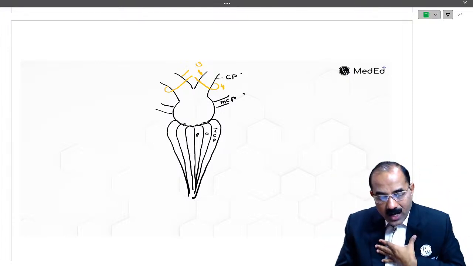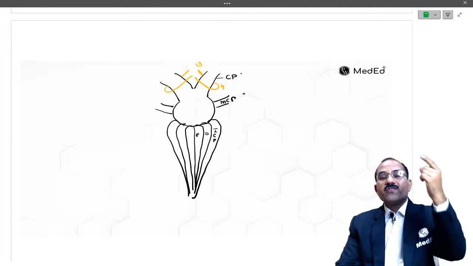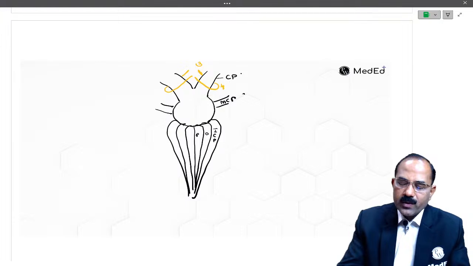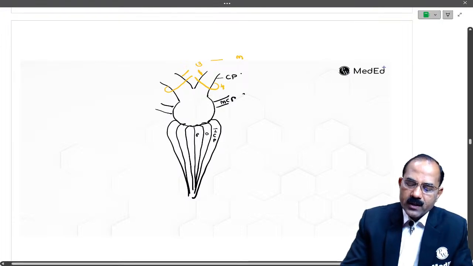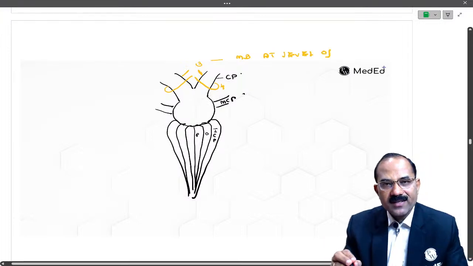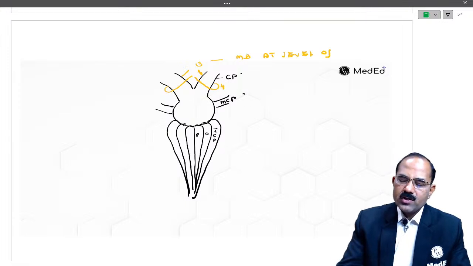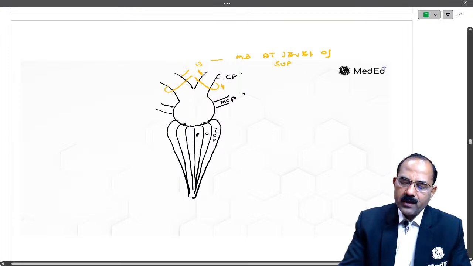So if I ask you, bacha, where is the nucleus of third nerve located? The nucleus of third nerve is located in the midbrain at the level of, ये ना sections आते हैं, हाँ, to draw on the exam, sections of the brainstem. So midbrain at the level of superior colliculus.